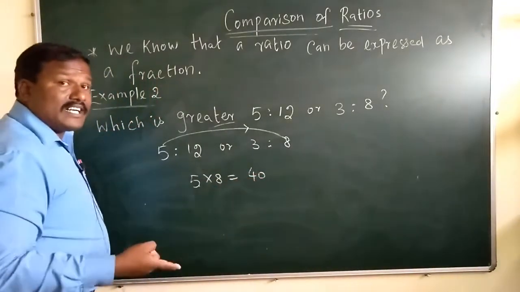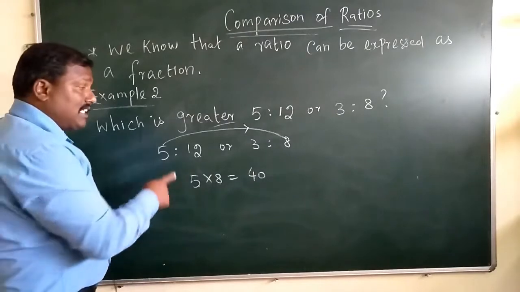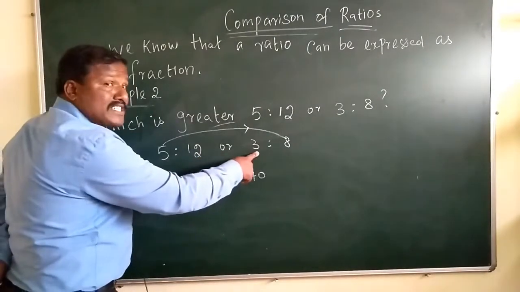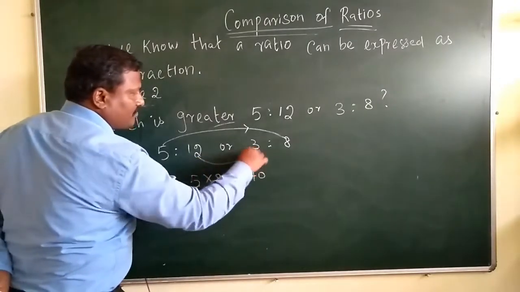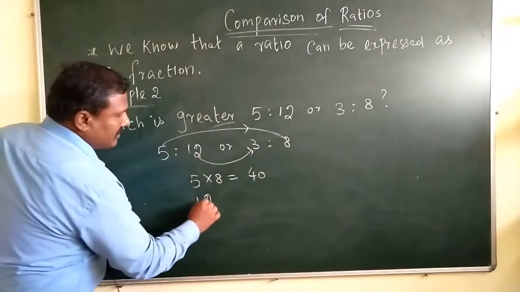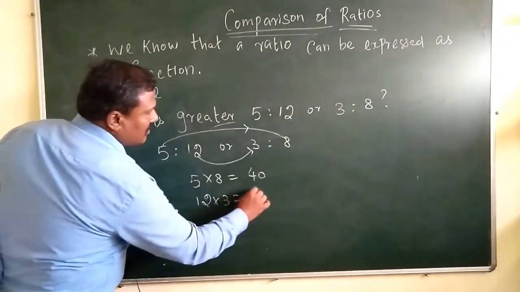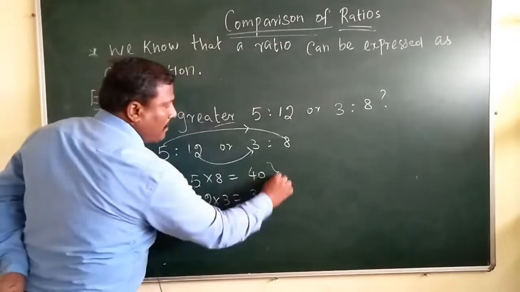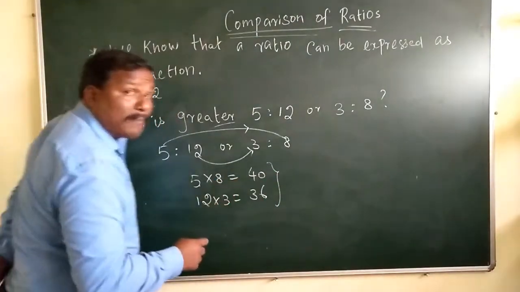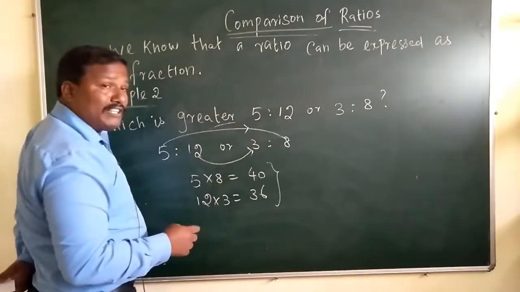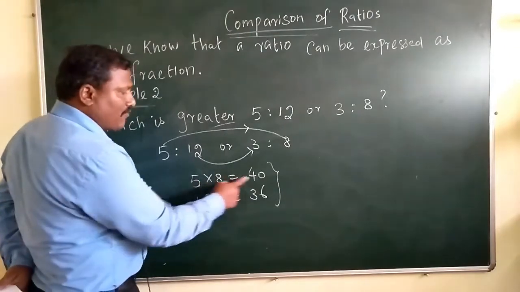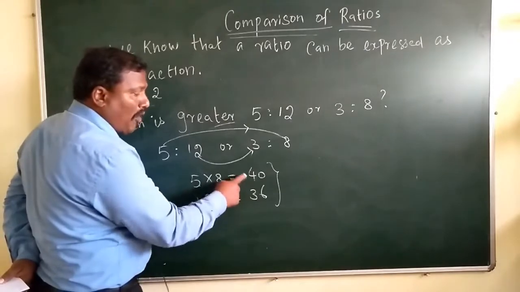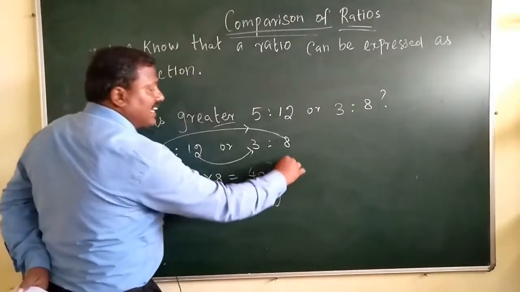Third step, you have to multiply the second term of the first ratio with the first term of the second ratio. So 12 3s are 36. Now compare the two products, 5 8s are 40 and 12 3s are 36. 40 is the greater product.